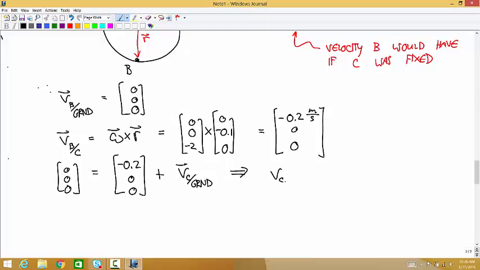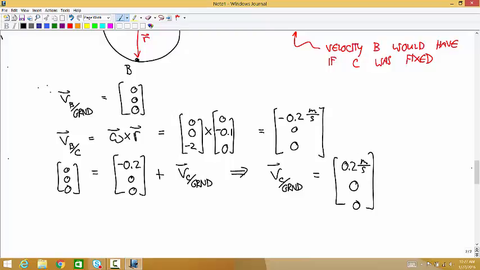So the velocity of C relative to the ground is, rearrange it, and you get positive 0.2 meters per second, 0. You can leave that third 0 off or put it in.